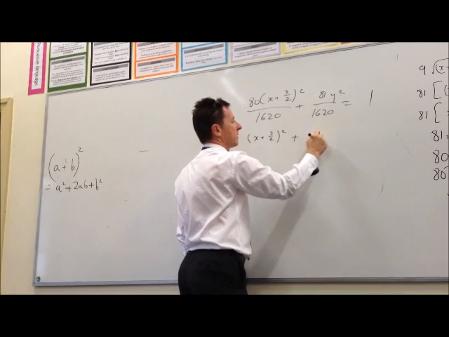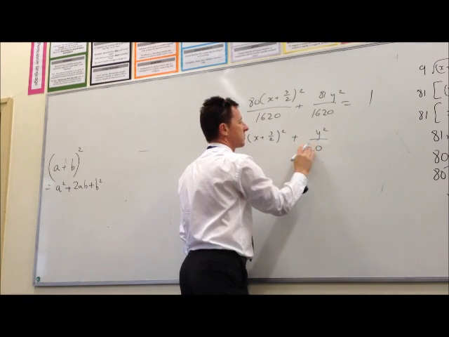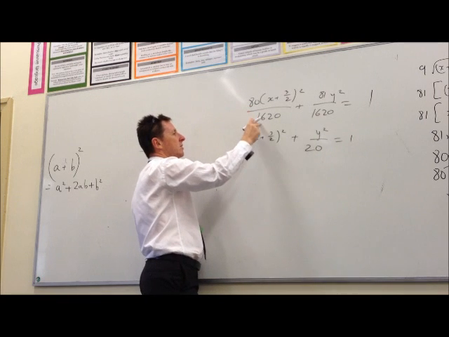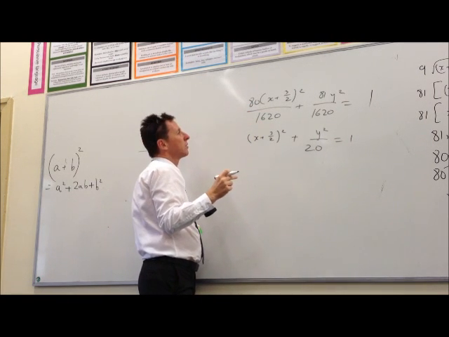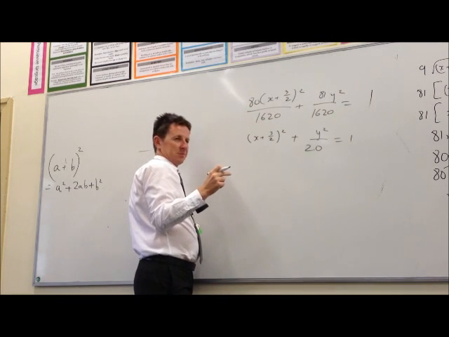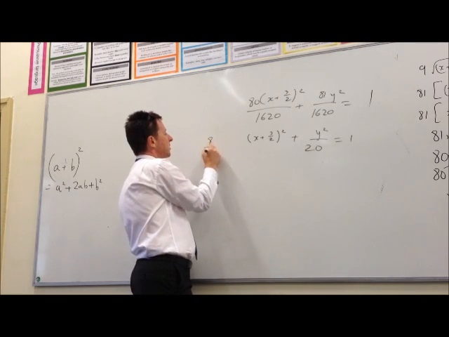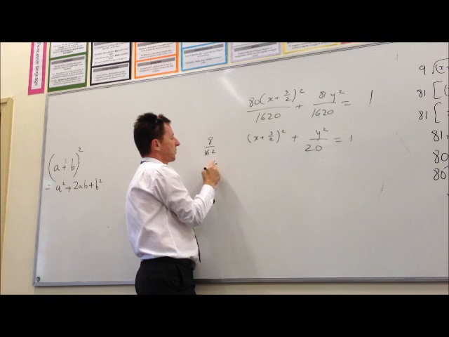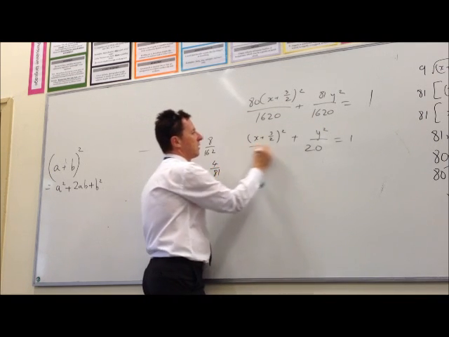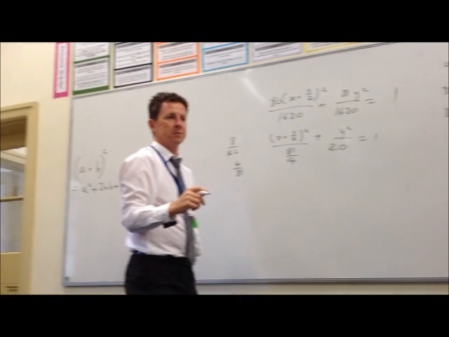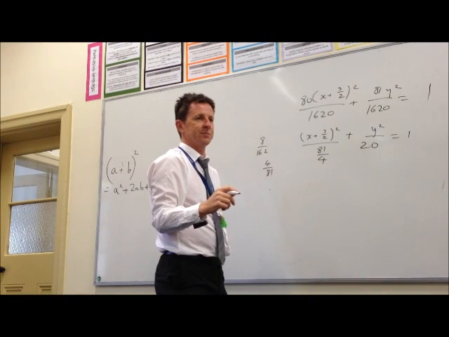That cancels to that 20 times. What is 80 over 1620? It's 8 over 162, which is 4 over 81, which means it's 81 over 4.